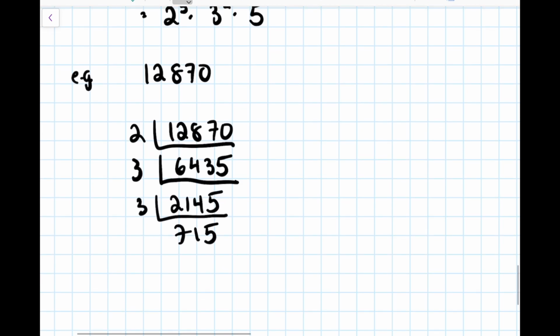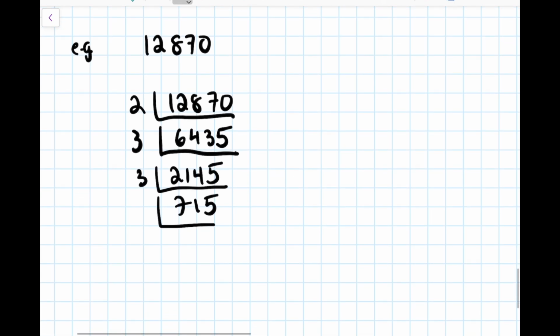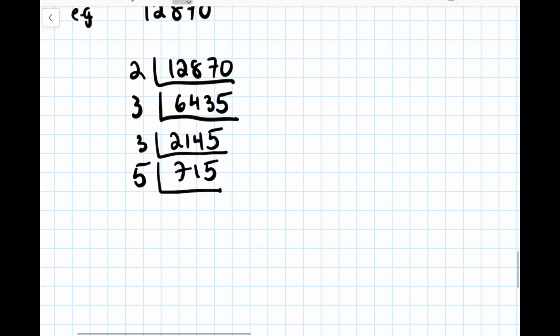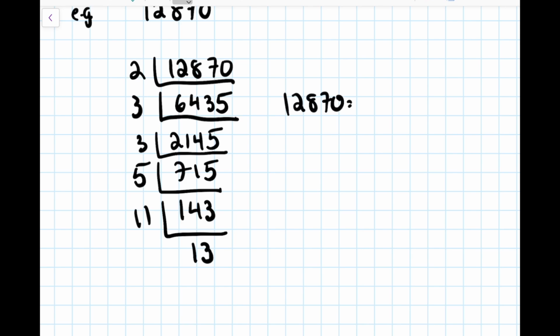Which is not divisible by 3, but it is divisible by 5, which is going to get me 143. 5 is not going to work, and actually 7 is not even going to work. So we're going to have to skip over 7, and we're going to have to go straight to 11. And that's going to get me 13. So 12,870 is 2, a couple of 3s, a 5, an 11, and a 13.